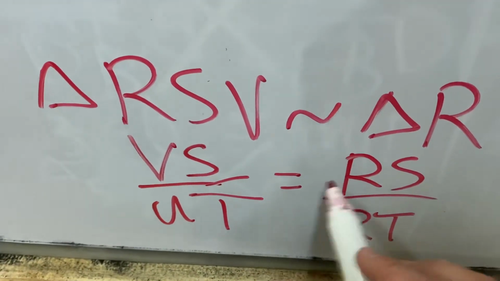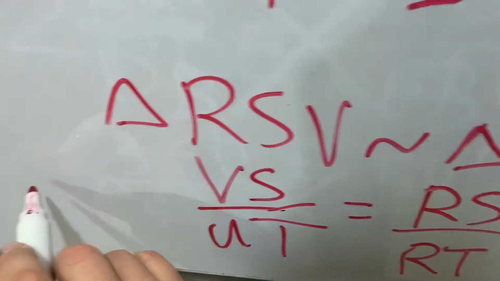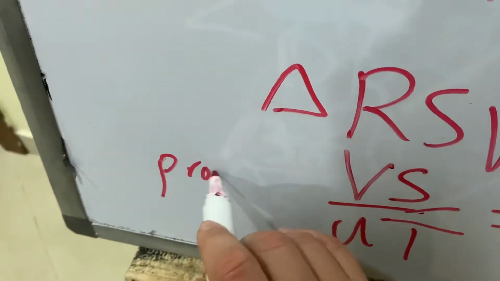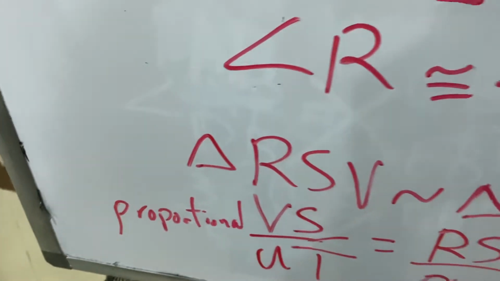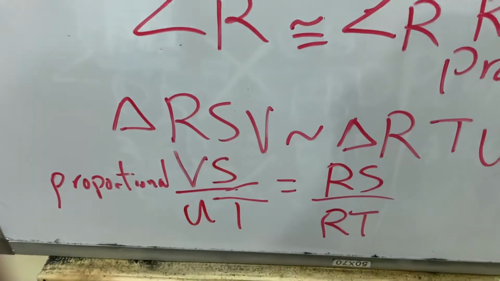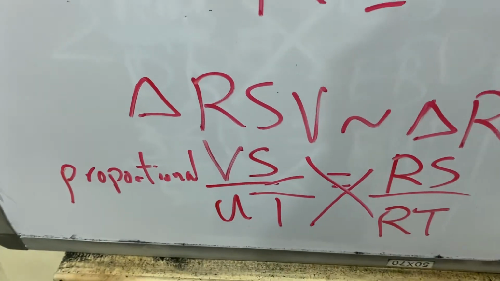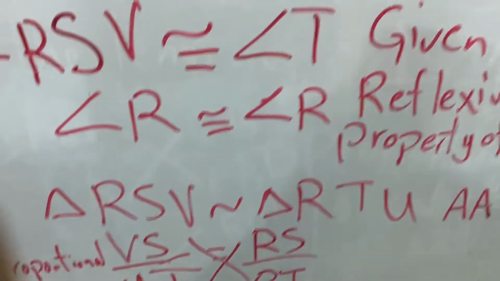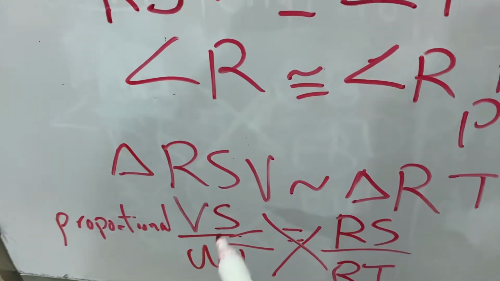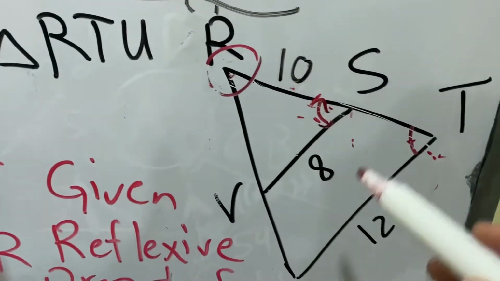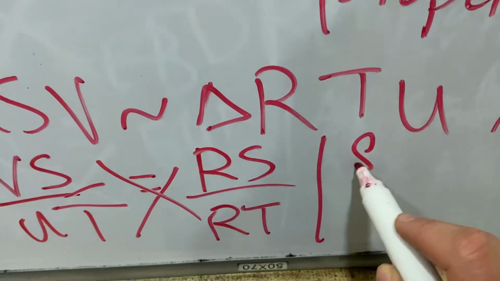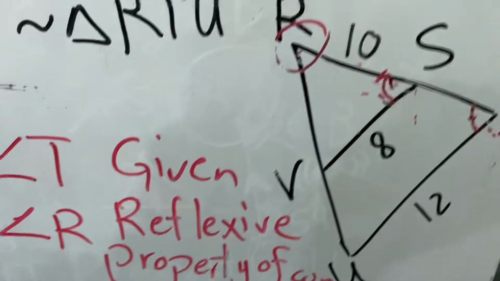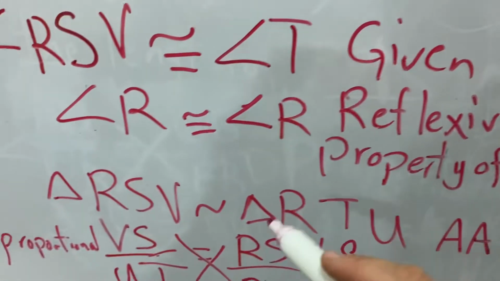And then the best way to solve these, called proportional sides because the triangles are similar, is to solve two equal fractions by doing cross product. Now VS, what is the length of VS? What we wrote here, VS over UT, so 8 over 12, I will write it in numbers, 8 over 12, equal RS.